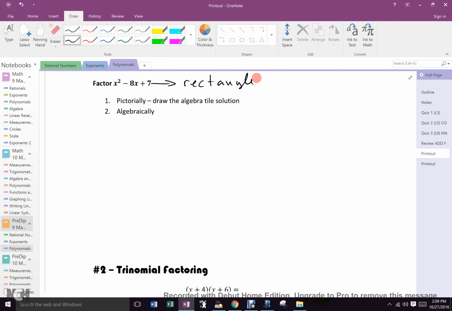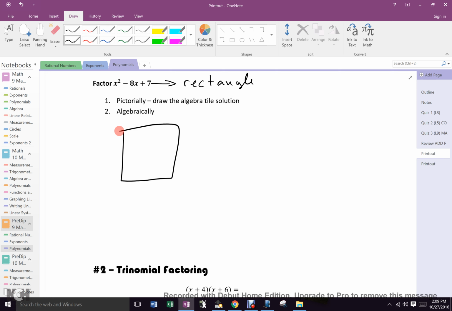Because of what Vicky said earlier. You got to start with the x squared because there's only one of them, yeah? You're stuck with that. Now, where should you go next? 8x. You would go to 8x? No, 7 on the bottom. It's got to be positive, yeah?